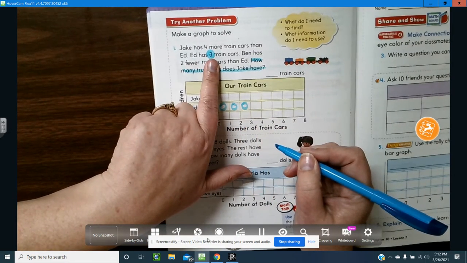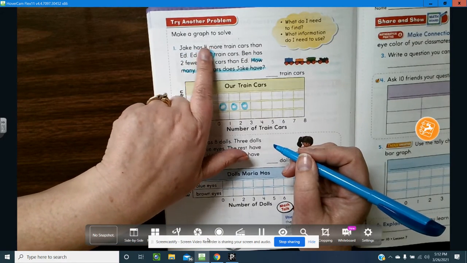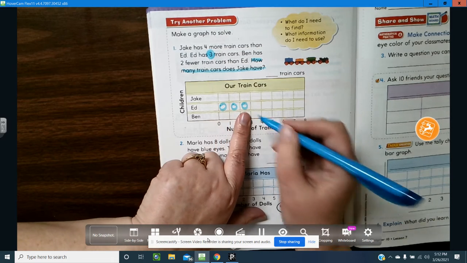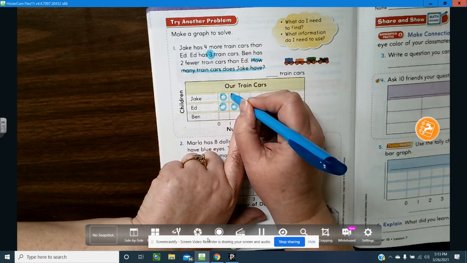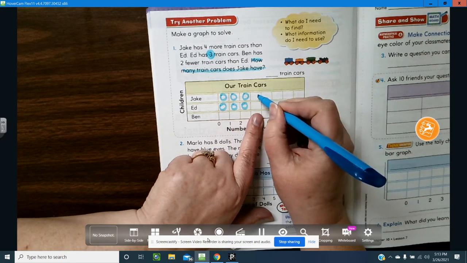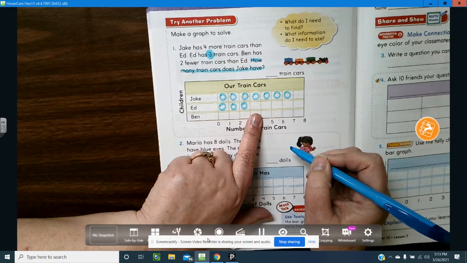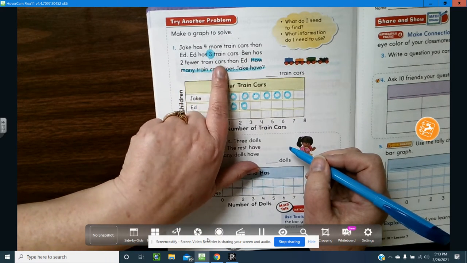Now, it says Jake has 4 more train cars than Ed. So Ed has 3 and Jake has 4 more. So he has these 3 plus he has 4 more. And Ben has 2 fewer train cars than Ed.